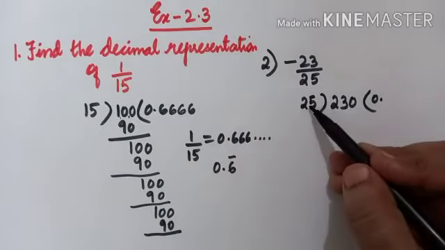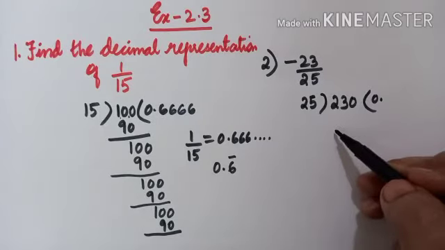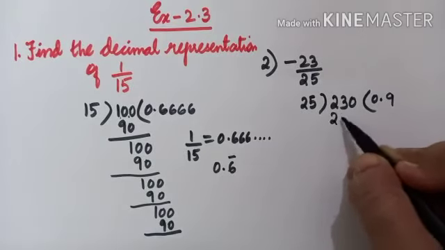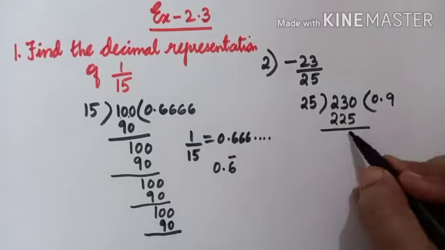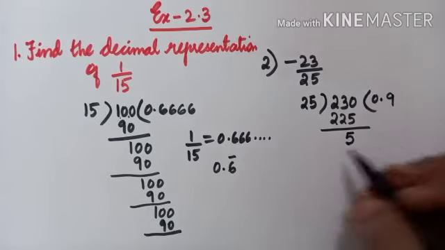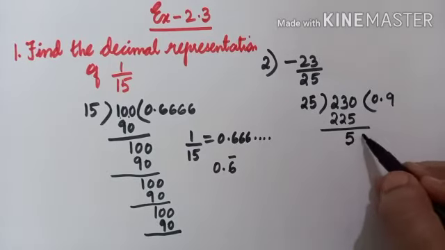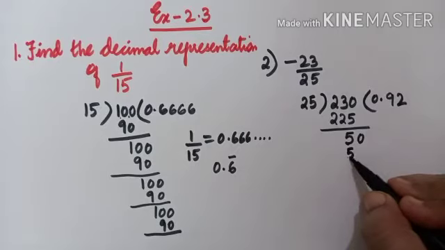Okay, so now in the 25 table, when 230 will go, or else the nearer number to 230, it will be 25 nines is 225. Now 230 minus 225 will be 5. 30 minus 25 is 5. Then again 5 is a smaller number, add one more 0, then 25 twos is 50.